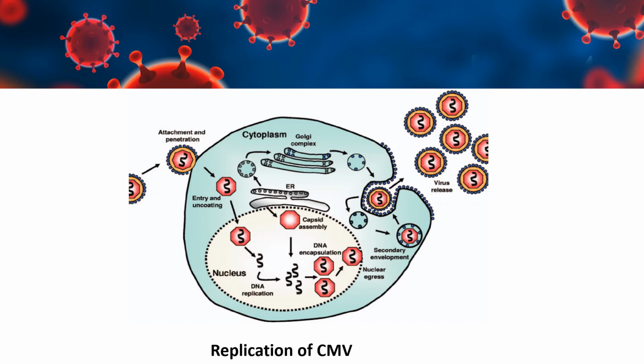After the synthesis of replication as well as the synthesis of the capsid, it gets assembled and moves from the nucleus to the cytoplasm through the nuclear pore, passing the endoplasmic reticulum and the Golgi complex, and then passes out through the cell membrane from the host cell.